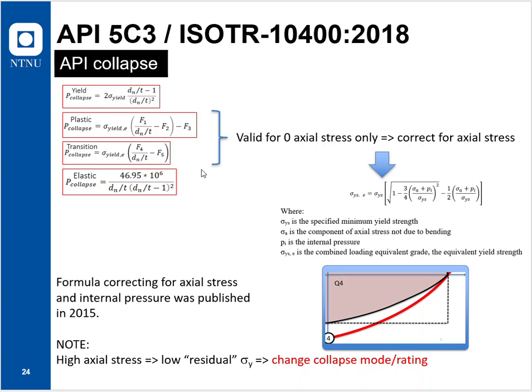Remember, for plastic and transition, those theoretical, empirical, calculated collapse modes, they are adjusted for yield using this formula now.